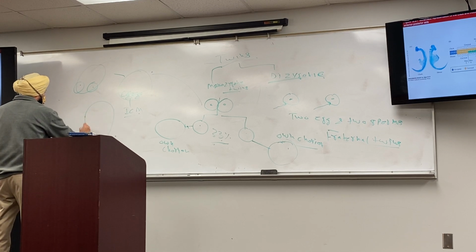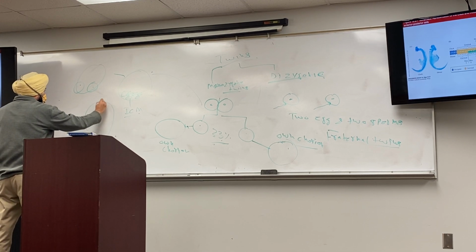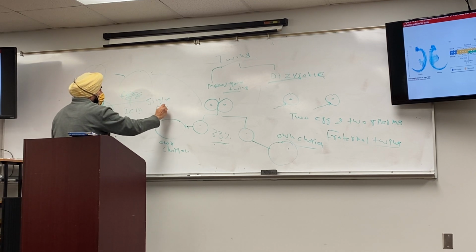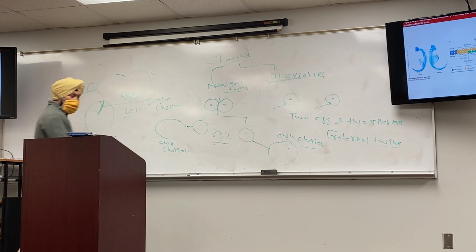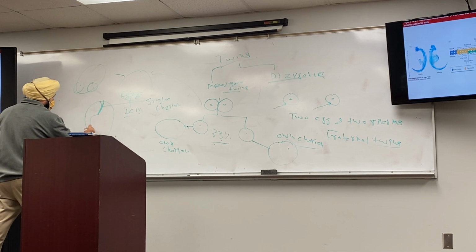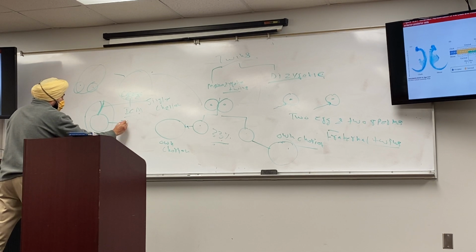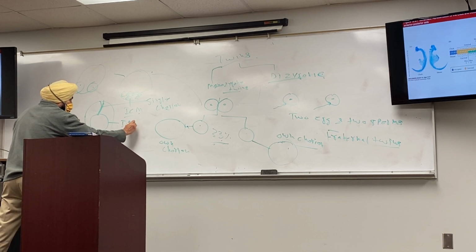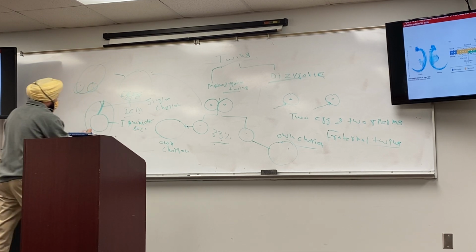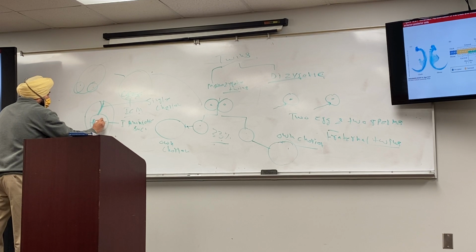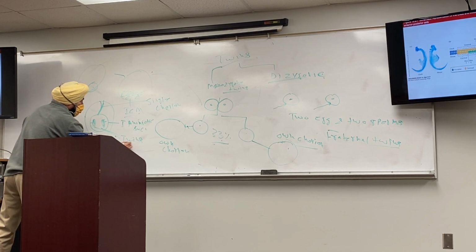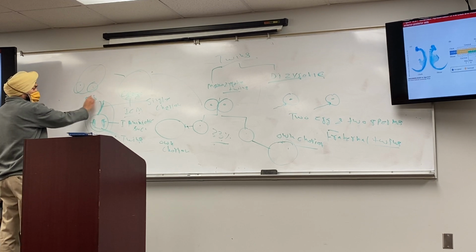You're going to have a situation like this: a single chorion, one amniotic sac, and twins. 2/3 are like this.